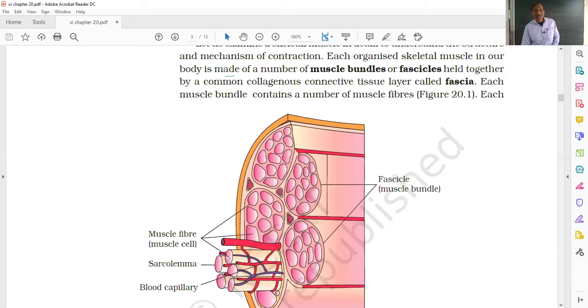Each one of these units is called a muscle fiber. Here you can see so many pink units: 1, 2, 3, 4, 5, 6, 7, 8, 9, 10. All these are actually muscle fibers.